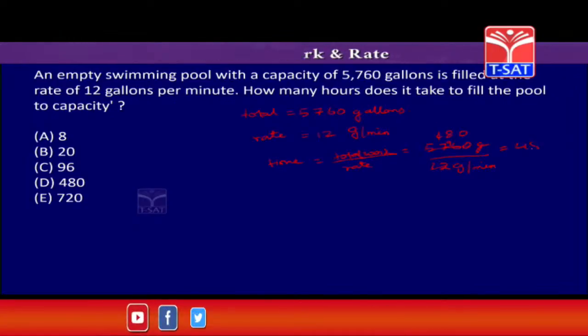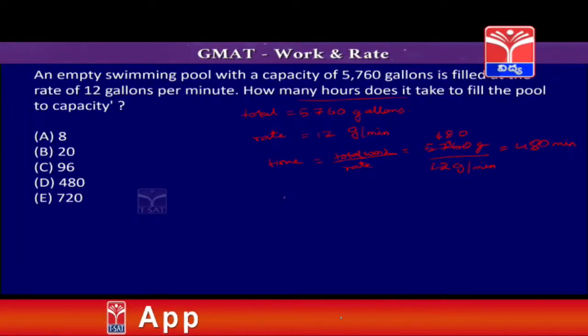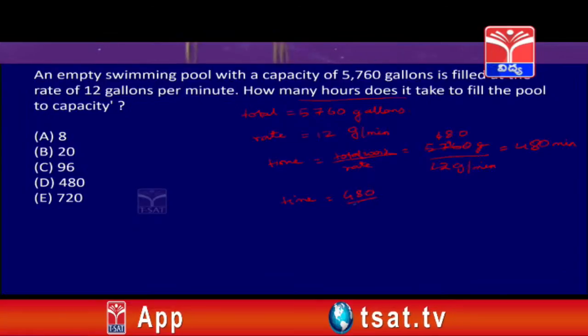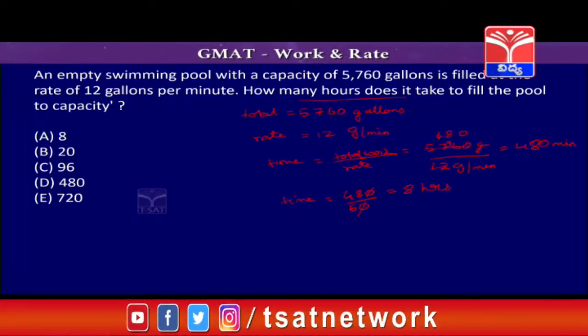It comes out to be 480 minutes. The time is 480 minutes, but they are asking us in hours. So the time will be 480 divided by 60, converting minutes into hours. You get 8 hours. Answer is option A.